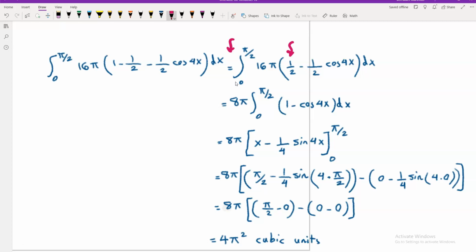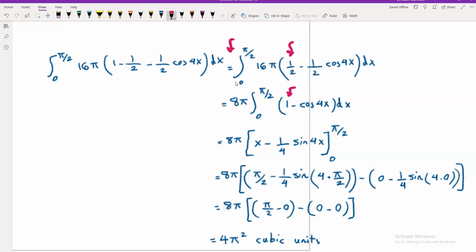Finding the integral, we have 8 pi times: the integral of 1 is x, and for cosine 4x we have negative 1 over 4 sine 4x, from 0 to pi over 2. Instead of x, we use pi over 2, and then subtract, using 0 instead of x.